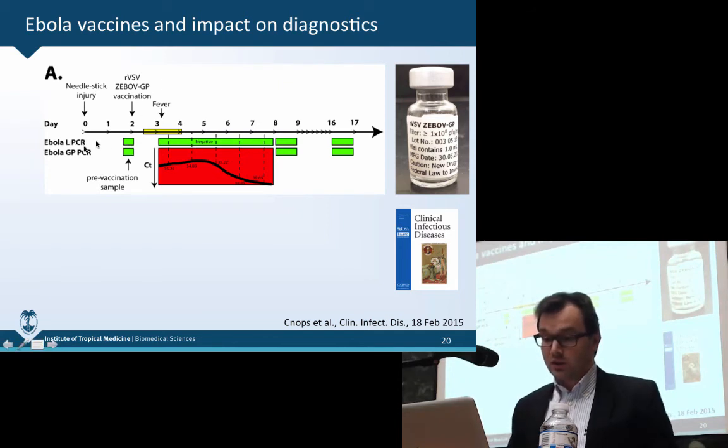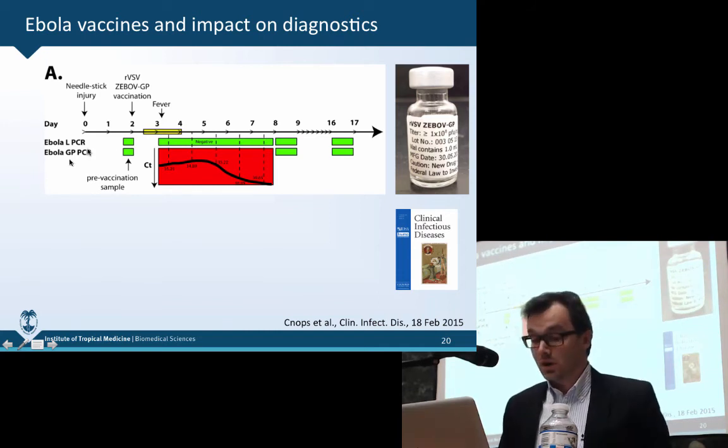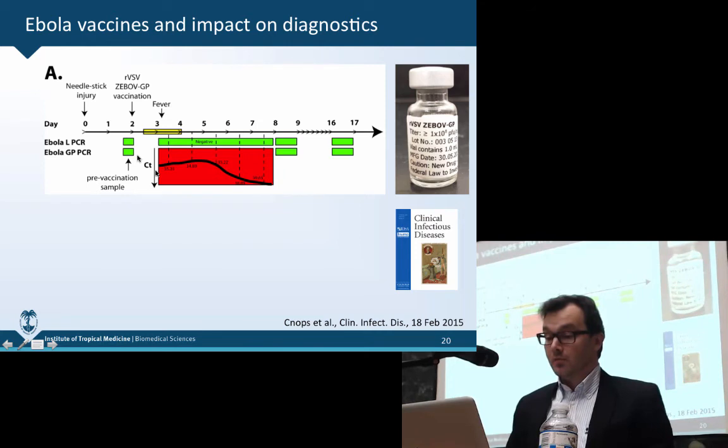And the interesting thing is that in the L gene PCR, the sample remains negative, but in the in-house glycoprotein PCR, the patient was 5 consecutive days positive, scored positive in the Ebola testing.